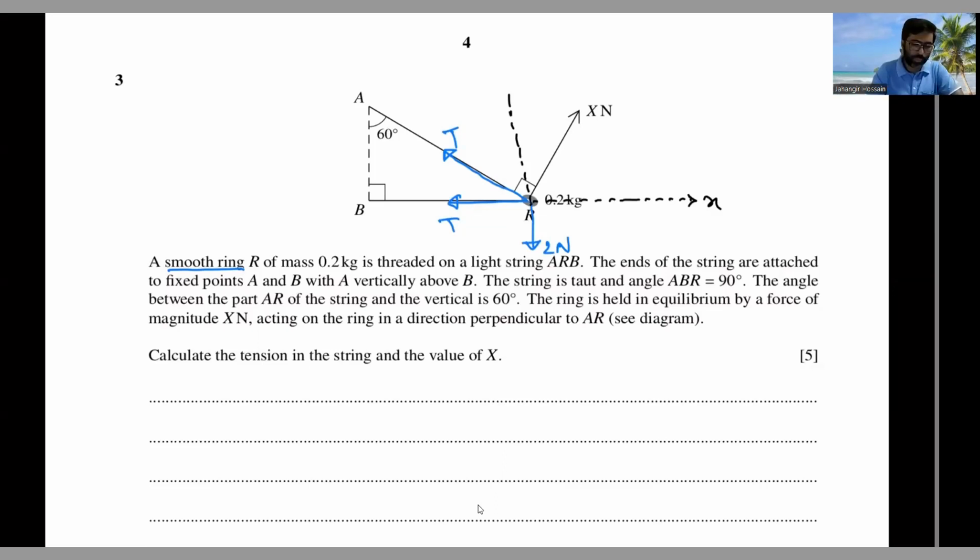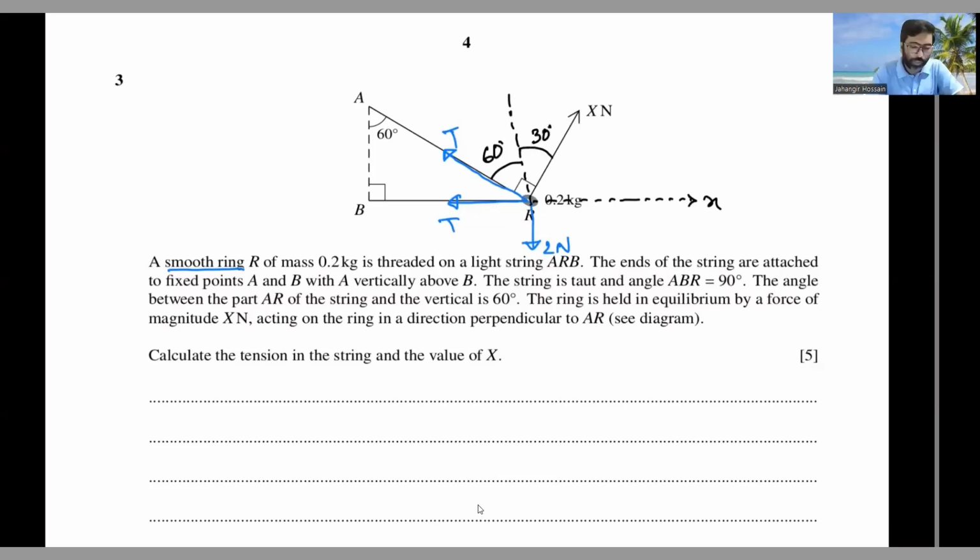First, let's resolve the tension on the segment AR. The angle that T makes with the vertical is equal to 60 degrees, that's an alternate angle. And what about the angle of X? The angle between X and the vertical should be 90 minus 60, that is 30 degrees.